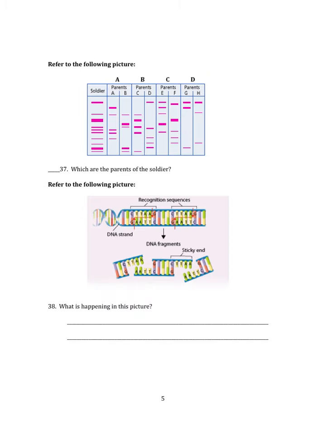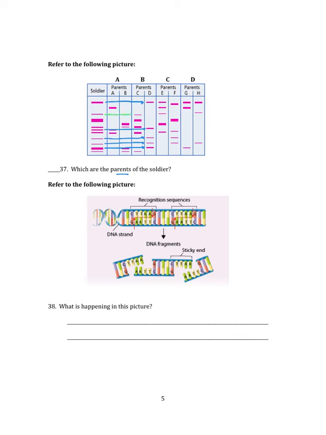Number 37. We're going to look at this DNA fingerprint and determine who the parents are of a soldier who appears to have been lost in battle. So first, let's look at the soldier. Let's figure out which fingerprint bars line up with different parents. So we have the soldier and this one in letter D match up, and then we have the soldier and this one in letter D match up, and then here again we have a match and a match and a match, and then we can figure out which other bars match.